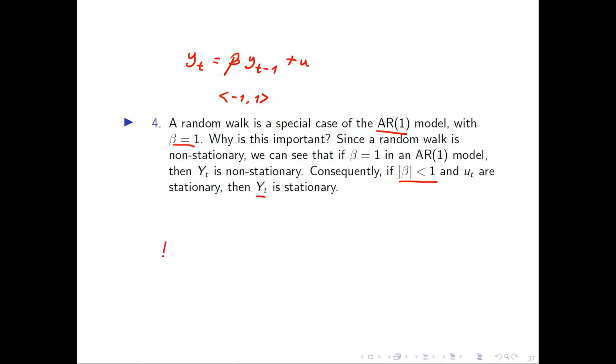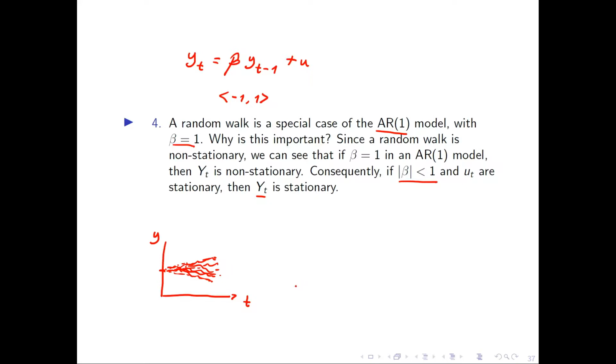Well, it's because if we have y here and t here, then if beta equals 1, we have this fan-shaped pattern, or we can call it a pattern of increasing variance, right?